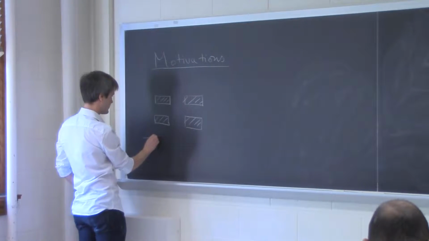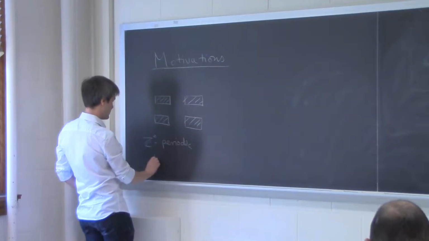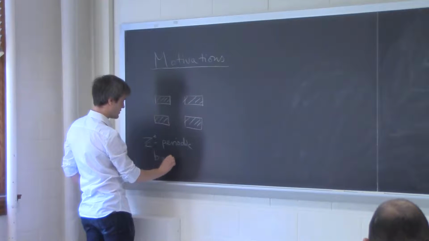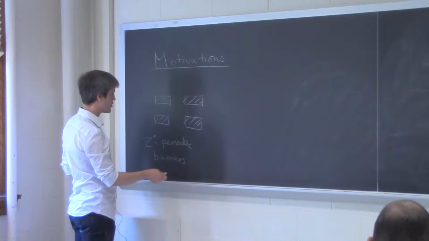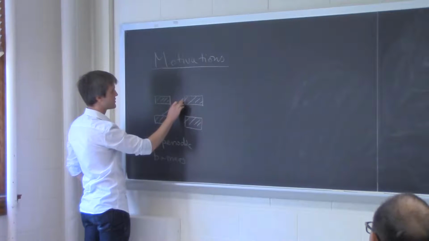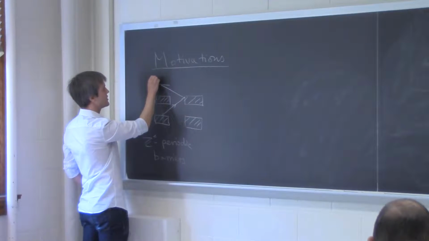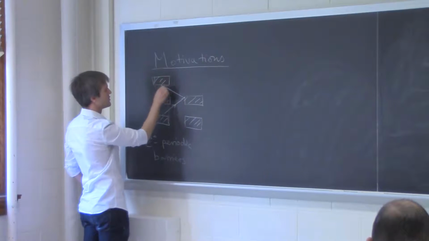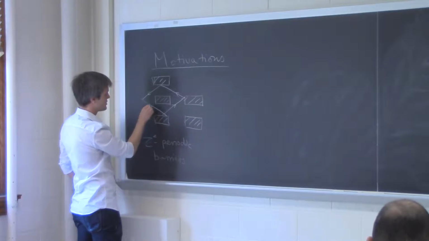And what you can consider is the motion of a billiard ball in this space. So maybe it goes like this, and then it bounces, and then it hits some other box here. Then it comes back, and then comes back somewhere else.